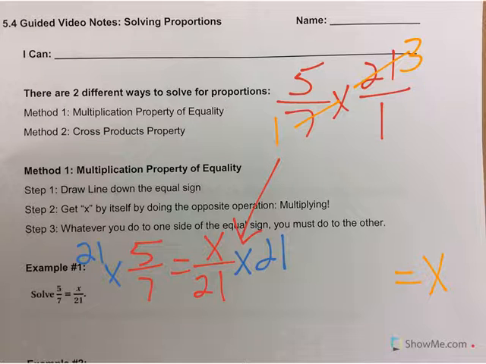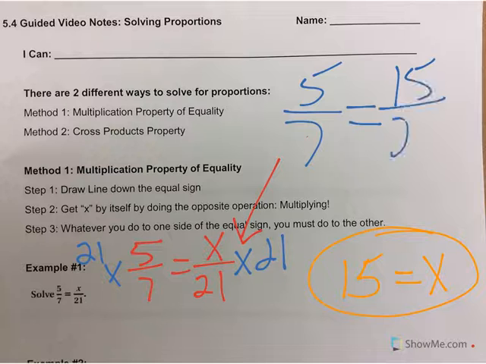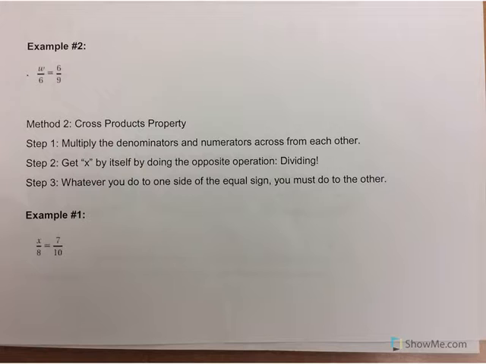And then we multiply straight across, and we would get 15 over 1, which simplifies to just 15. So our answer there is 15. So what we are saying when we solve that is that 5 over 7 is equivalent to 15 over 21. That those ratios are equivalent. So that's how you solve a proportion with a missing value using the multiplication property of equality.